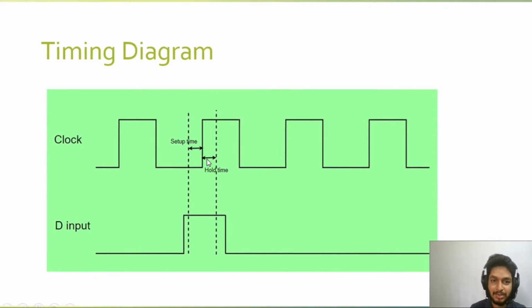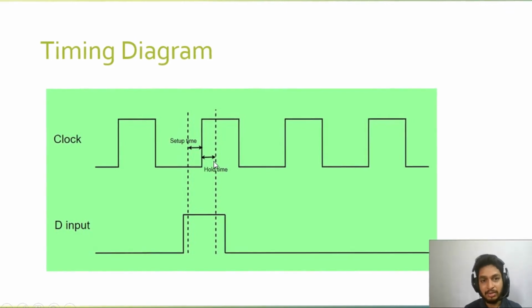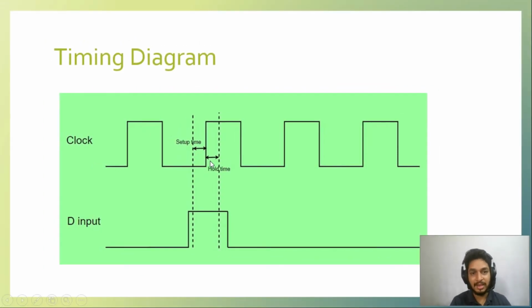Similarly, the hold time is this. After the arrival of the clock, the data has to be stable for some time. That is the time which is called the hold time. So if you consider the D input, if D input comes a little late, this is the situation where it is meeting both setup and hold times, because the data is arriving before the setup time and the data is still stable after the hold time, right?